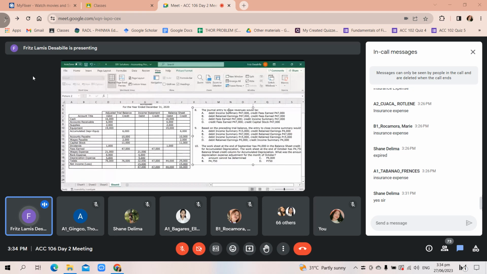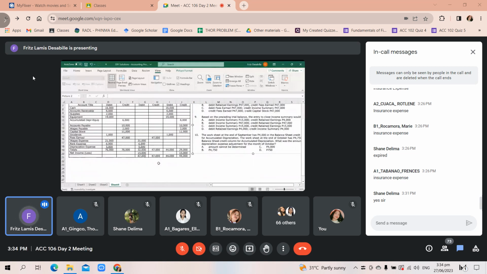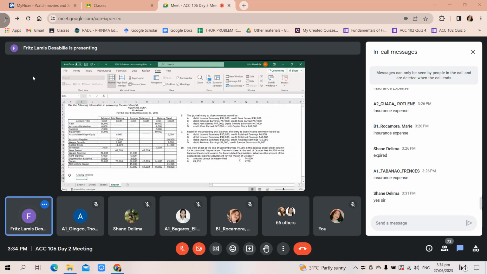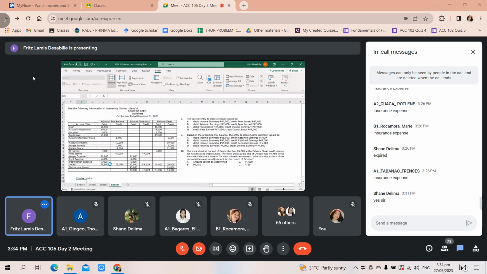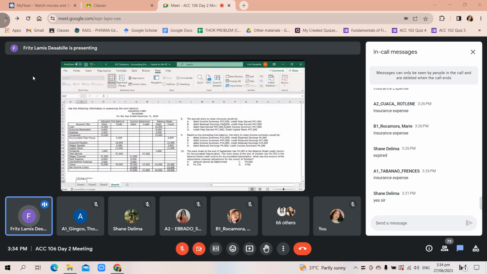The journal entry to close revenue would be a closing entries ta. So let's go to closing entries. So just for us to have a complete look on the closing process, we should close first revenue.